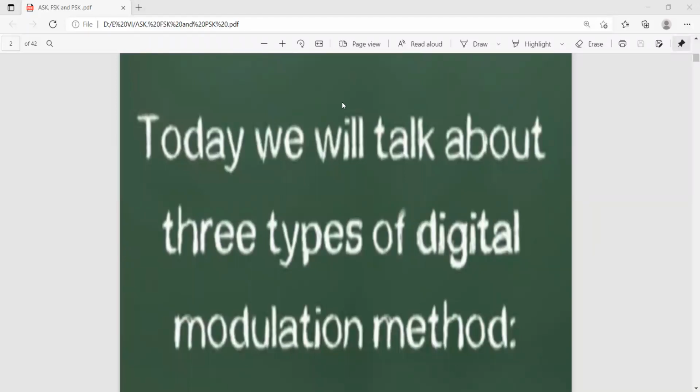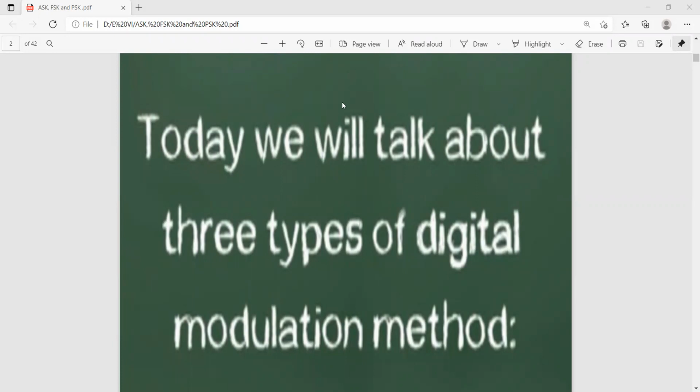The second question from the second unit of your digital communication paper, paper 6, is on frequency shift keying and phase shift keying. It is also an important topic for the upcoming examinations.